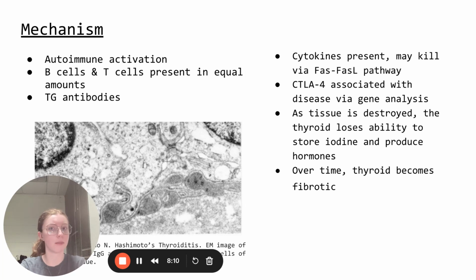So then the mechanism of how these cells are working. Another interesting thing about this is I said lymphocytes earlier are getting lodged up in the tissue. They're there in equal amounts for both B cells and T cells. The antibodies that are present are often thyroglobulin antibodies, so they're specifically targeting the thyroid and nothing else. They tend to target the follicular cells with the thyroid a lot.